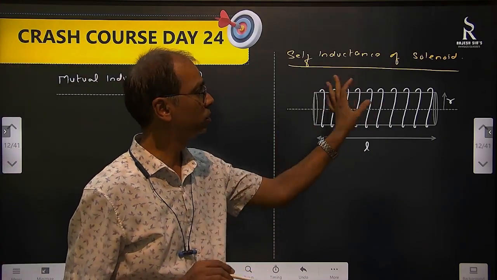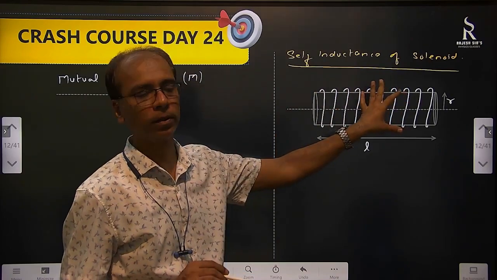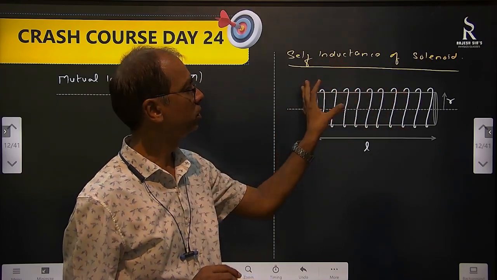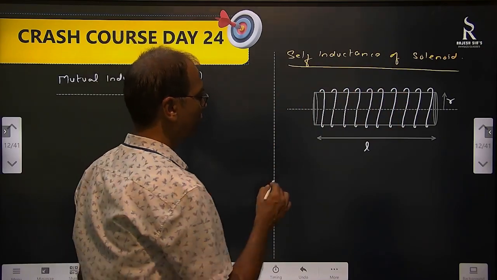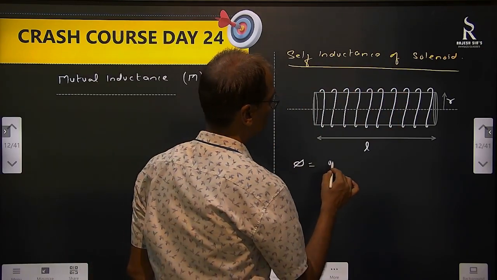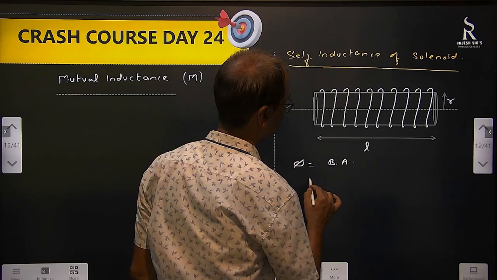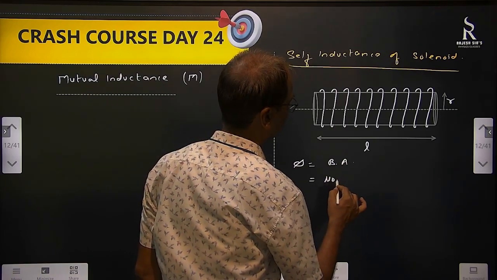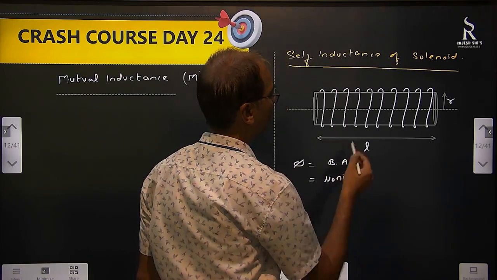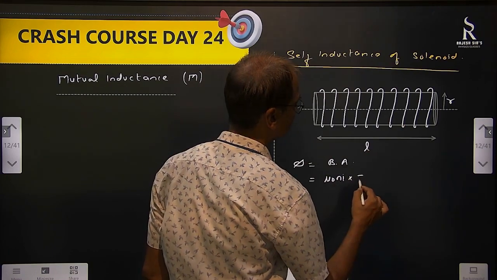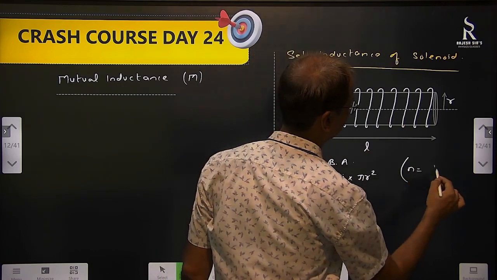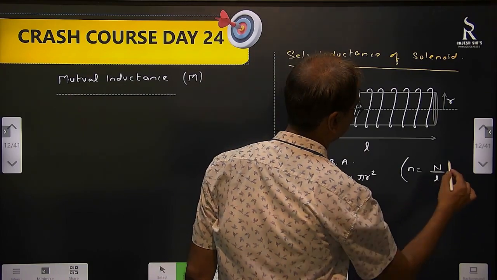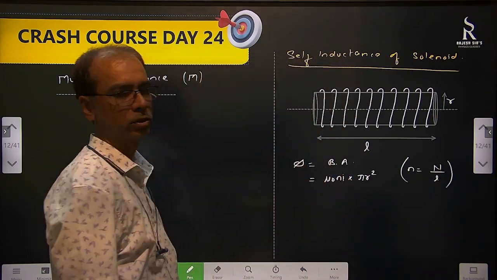So current is also in these wires. Current in these wires is going to produce magnetic field. What is that? Mu naught Ni. We know that. Okay. So flux is what? B into A. So here is mu naught Ni into A itself you can write, or in this case we have taken radius, so pi r square we can write. And what is this N? N is number of turns per unit length. Remember that. So that way also we can write.